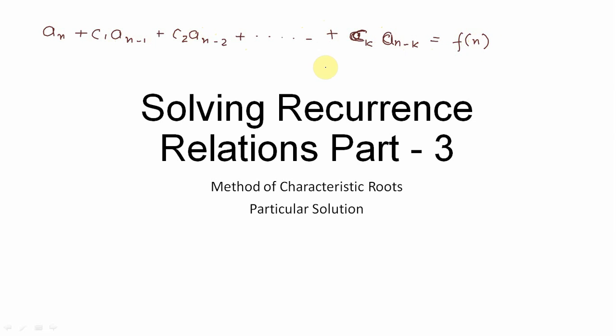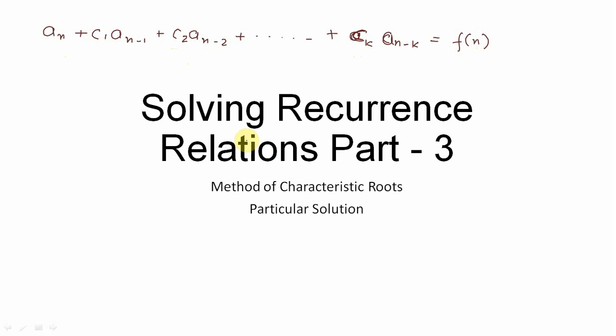This is a linear recurrence relation with constant coefficients, where a_(n-1), a_(n-2) are the recurrence terms, and c1, c2, c3 up to ck are the coefficients. These are all constant coefficients. And this f(n) is a function that is equal to this entire recurrence relation.